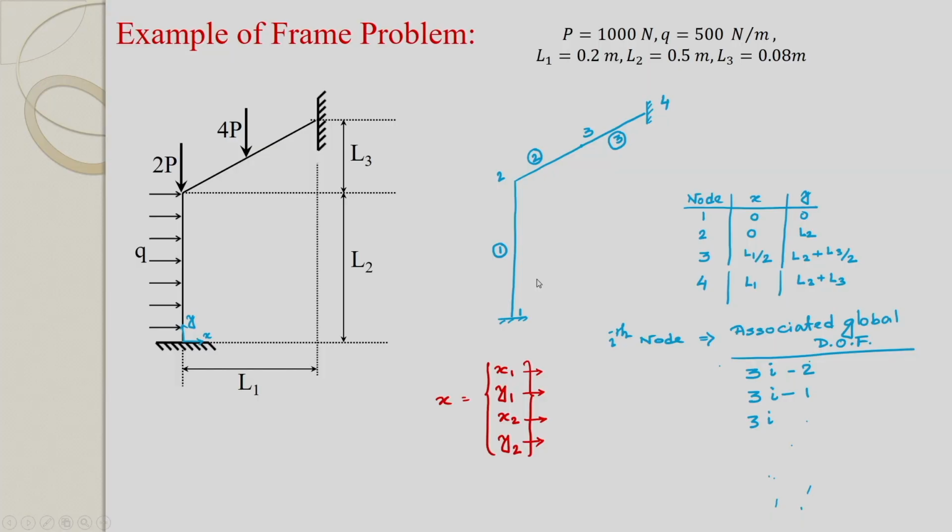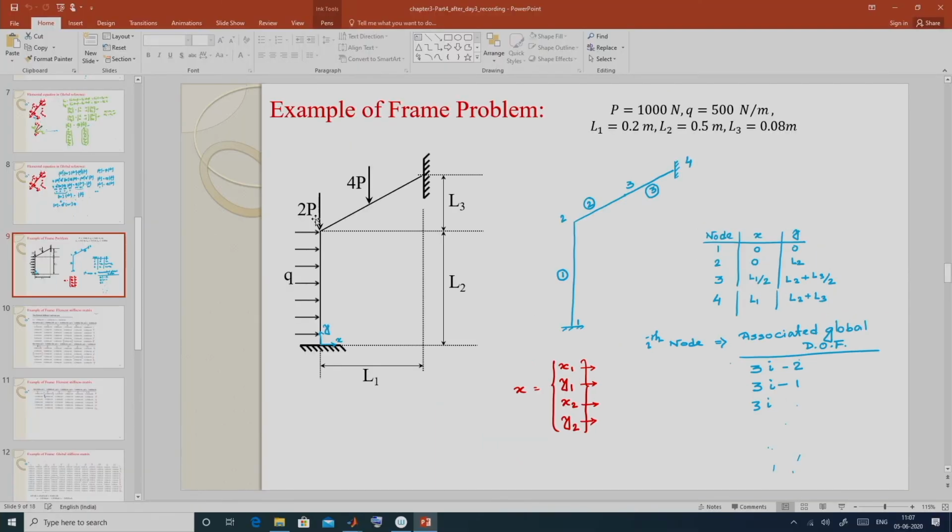Now, for first element, we have this nodal coordinate 0 0 and 0 L2, and also our first element is subjected to this uniformly distributed load Q, which is 500 Newton per meter.